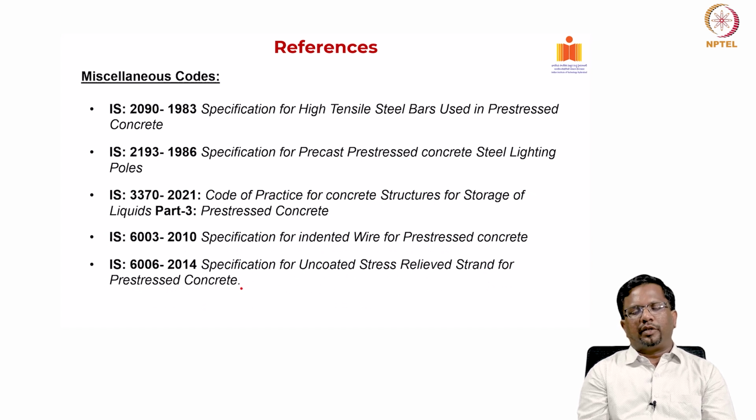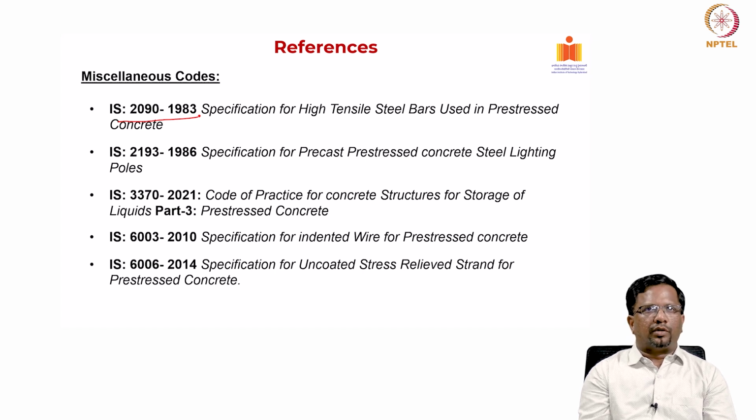In addition to that, there are also several miscellaneous codes available. For example, if you are using high tensile steel bars in prestressing, we have to follow the IS 2090 standard. The bars that we are using should conform to the standard. Then for precast prestressed concrete steel lighting poles, you have to follow the IS 2193-1986 standard.